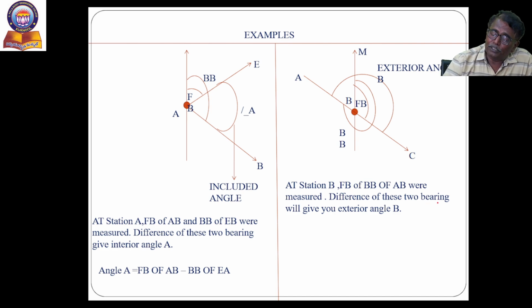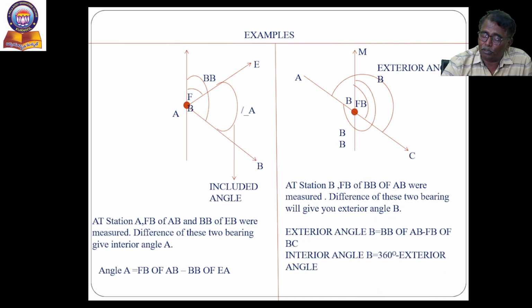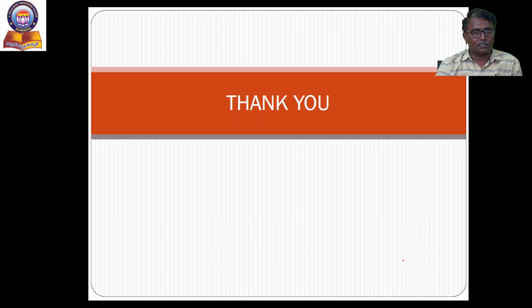The difference of the two bearings will give the exterior angle. We will get angle B as exterior. So to get the interior angle, you have to deduct it from 360 degrees: 360 minus the exterior angle will give the interior angle. Exterior angle B is obtained as BB of AB minus FB of BC. It is greater than 180 degrees, so to obtain the interior angle, you have to deduct it from 360 degrees.